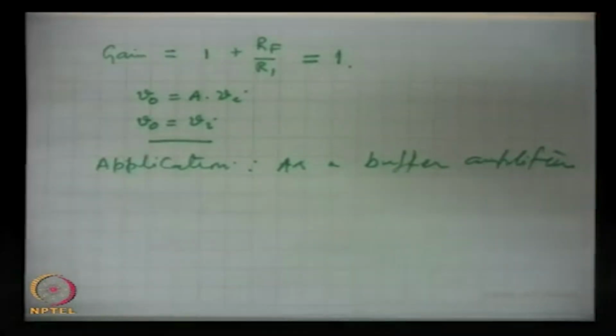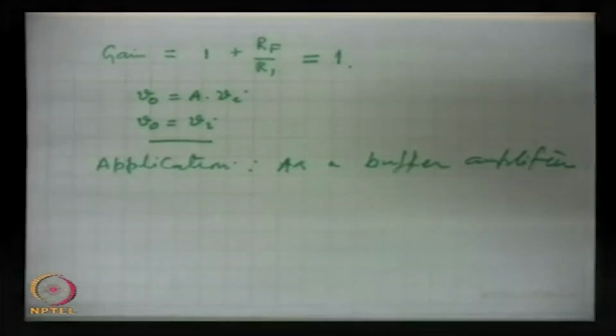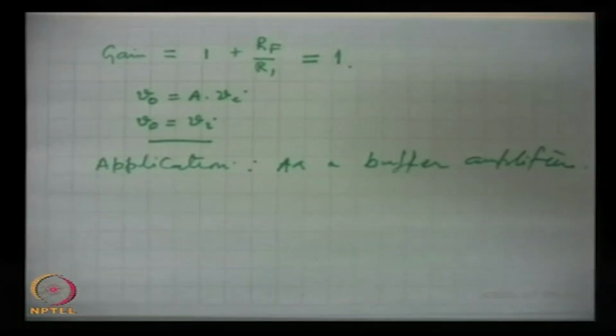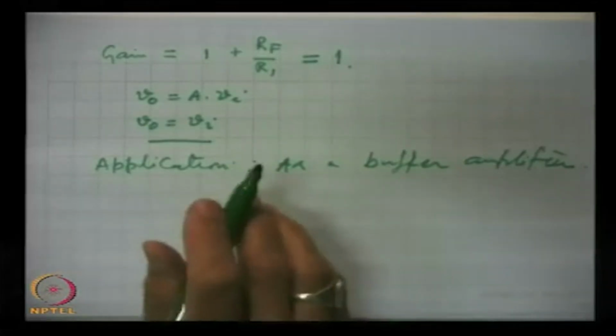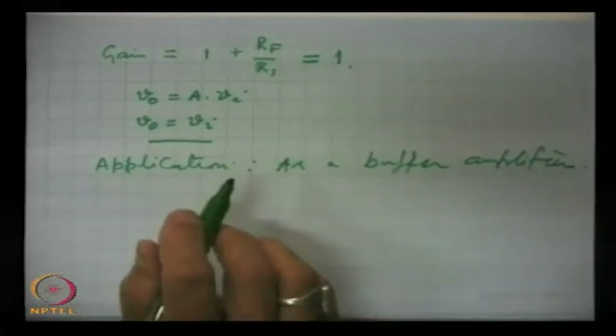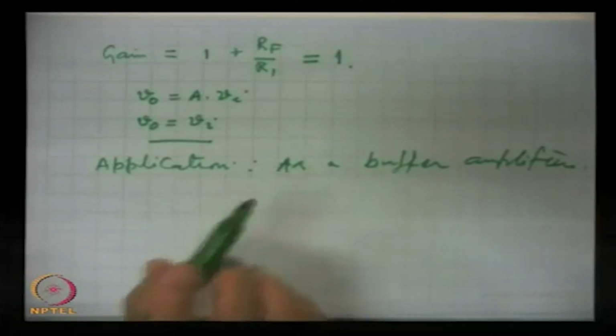But it is preferred over emitter follower for two reasons: the input impedance is much higher in the case of voltage follower as compared to emitter follower, and here output is exactly equal to input.